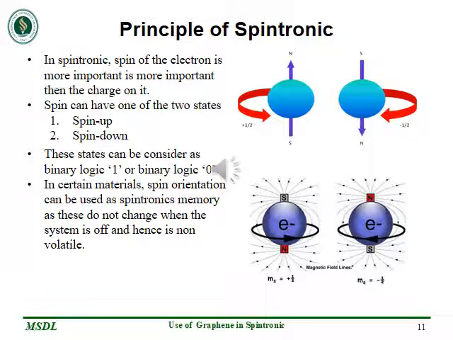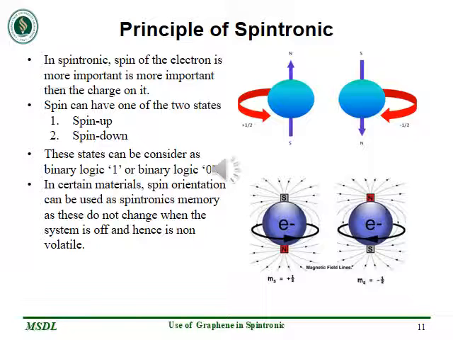Okay, so now let me talk about what spintronics is based on. In spintronics, the spin of an electron is more important than the charge on it. We all know that the charge on an electron is negative, but in what direction it is spinning is of interest in spintronics. Spin can have one of two states, spin up and spin down.